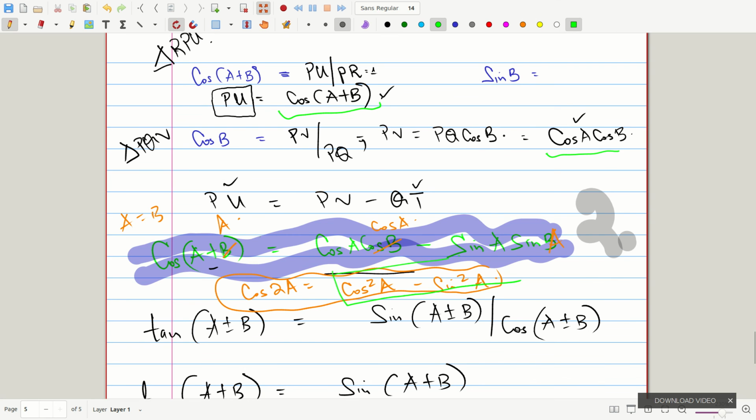I'll just mention it, I won't go into detail. Cos 2A equals cos squared A minus sin squared A, and we can make the substitutions.